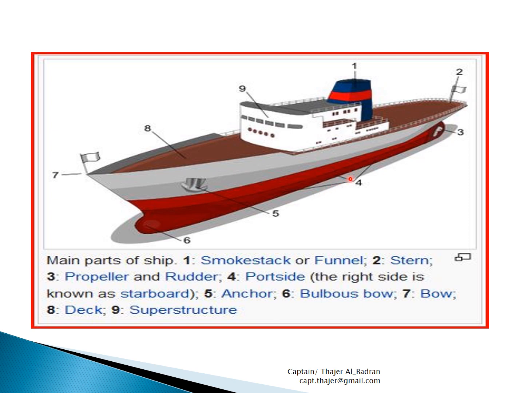The fourth, the port side, this is the port side of the ship, on the left hand if you are facing forward. Five is the anchor, and this is the hawse pipe, and the sixth, the bulbous bow, and the seventh, bow, and the eighth, deck, and the ninth, superstructure, which shows the bridge and cabins above.